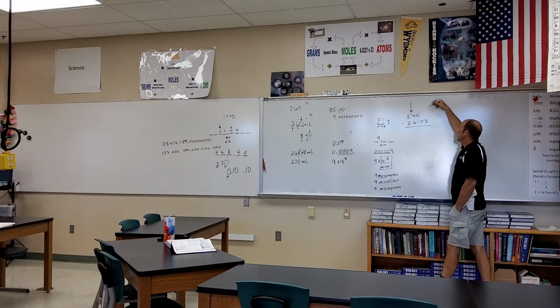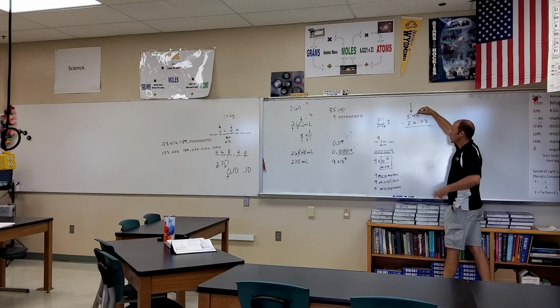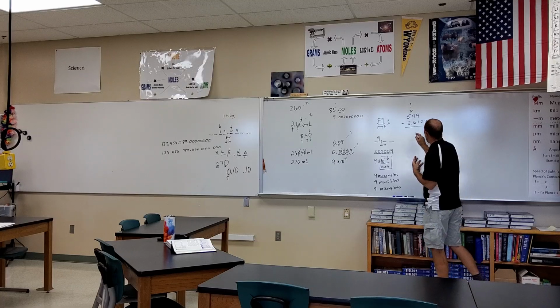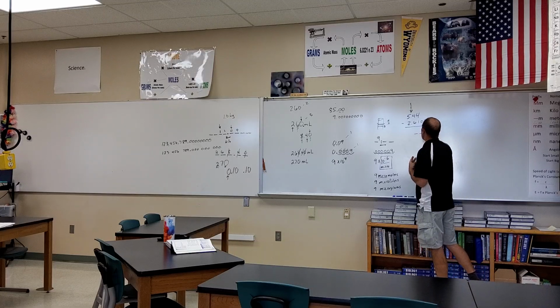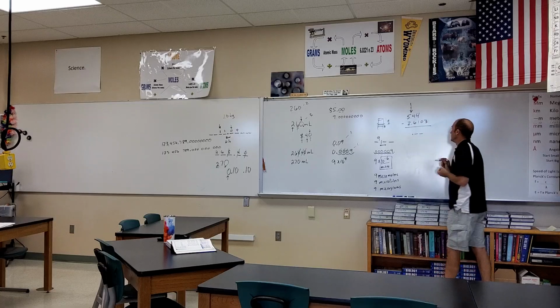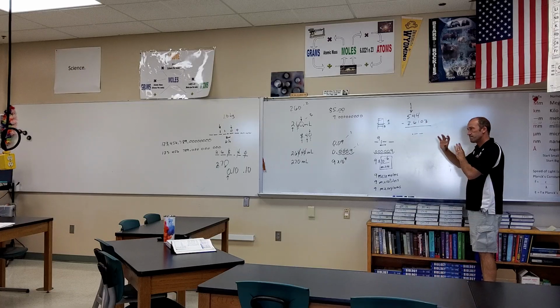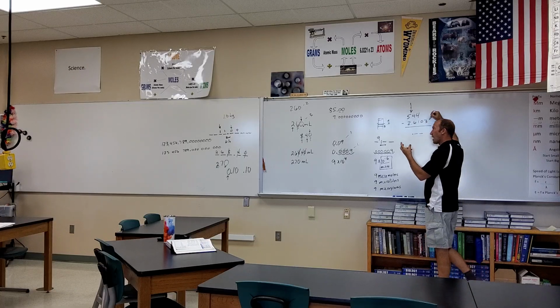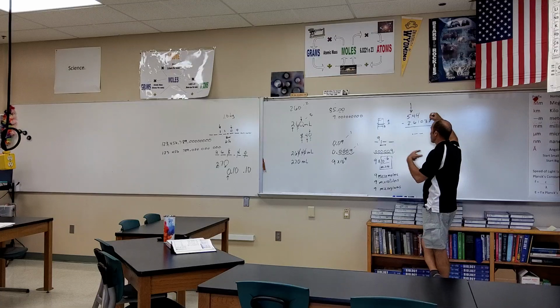This one has 2 places after the decimal, this one has 4 places after the decimal. When we do our answer, we can only show 2 places after the decimal. So then what do we do with the other digits? We'll have to round, alright?